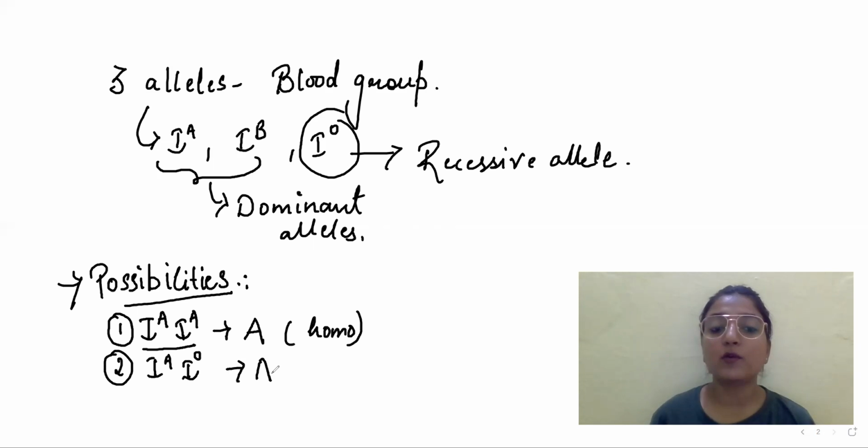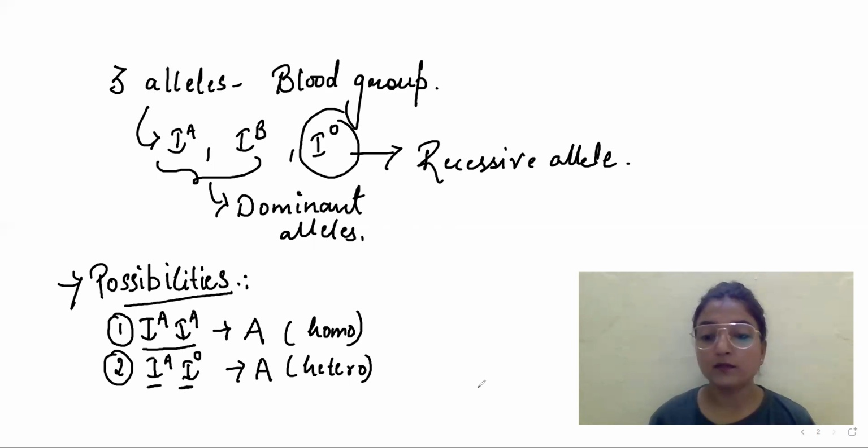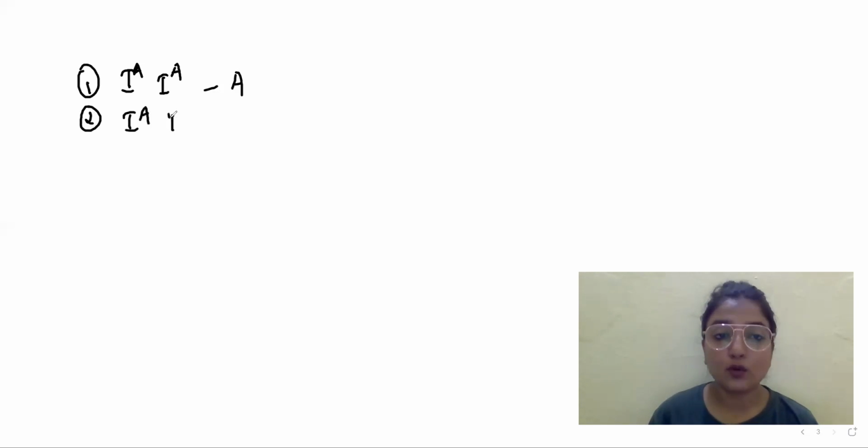Again, the blood group of a person will be A, but here it is heterozygous. Why? Because one dominant and one recessive form is present, right? I'll write here IAIA, IAIO, which is again A.